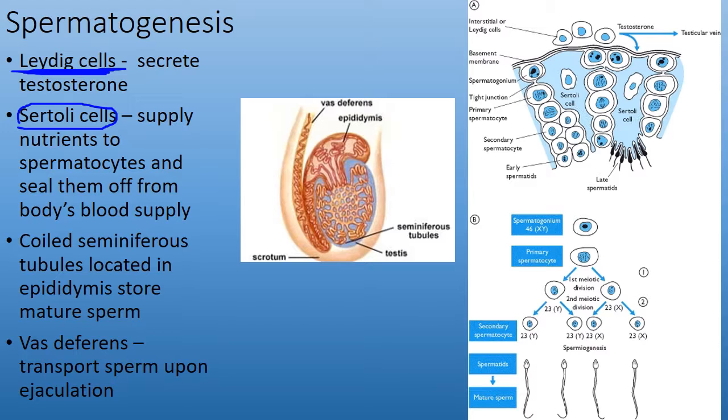We see that there is a blood barrier here, because if our immune system were to get inside the testes, our sperm cells would be attacked, and we don't want that to happen. Seminiferous tubules are located in the testes as well. This is where the mature sperm will be stored. The vas deferens will transport the sperm upon ejaculation.